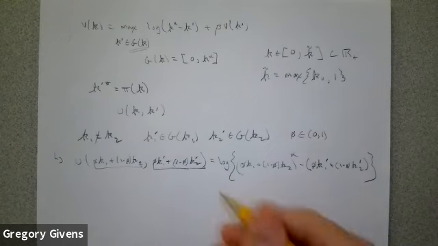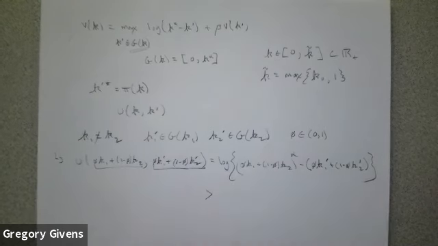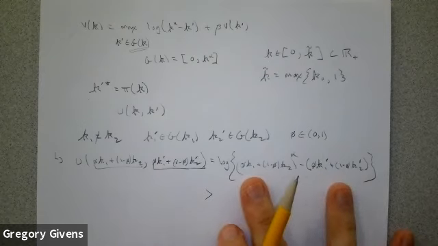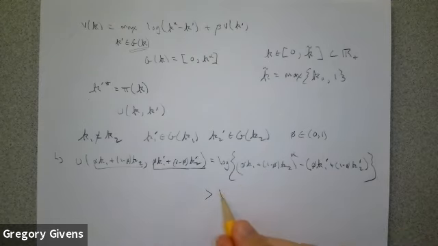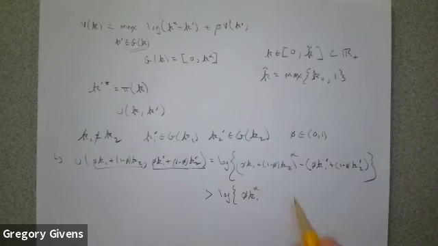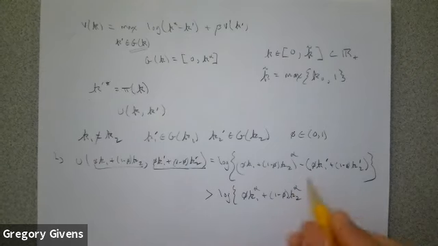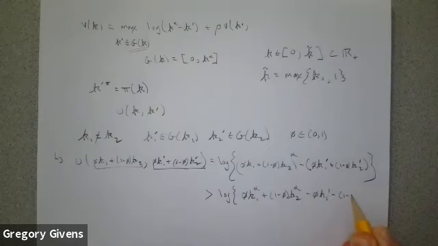All right, I'm going to argue that the log of this combination of 2 points here has to be bigger than the log of phi k1 to the alpha plus 1 minus phi k2 to the alpha, and then minus phi k1 prime minus 1 minus phi k2 prime.